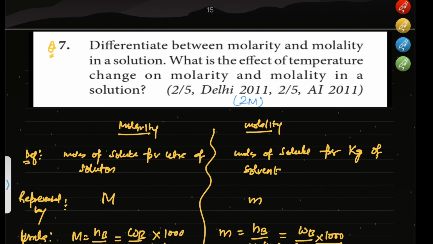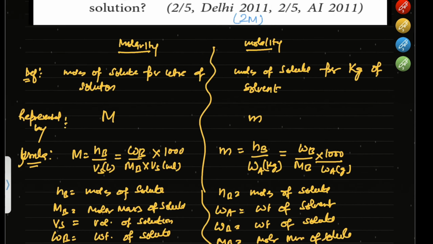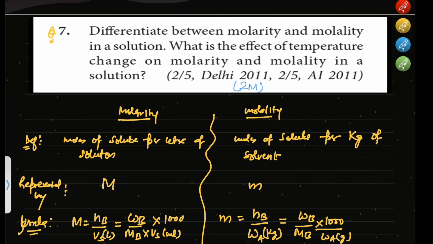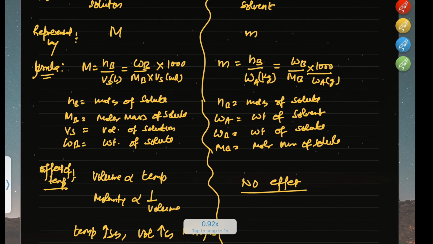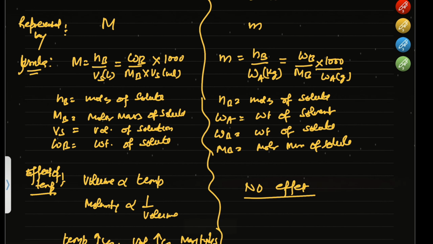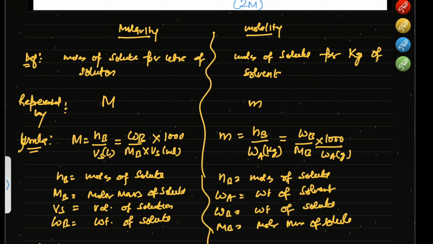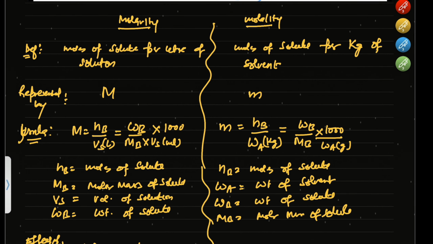Okay, this question is 2 marks. So we can write only a few points according to the weight given in the question. We can write the short answer according to the marks given in the question, 1 or 2 marks, but I have written a full differentiation between molality and molarity, because you have to remember all these points.